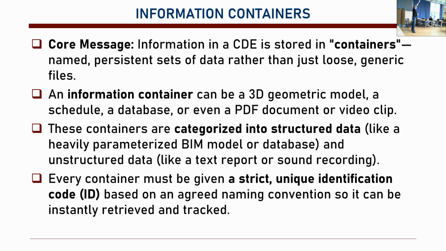And the information container for the projector can include the user manual for the projector, the purchase details of the projector, the 3D model of the projector, and the specifications like how much light it can project. So everything can be included in the information container. And every container is given a strict unique identification code.